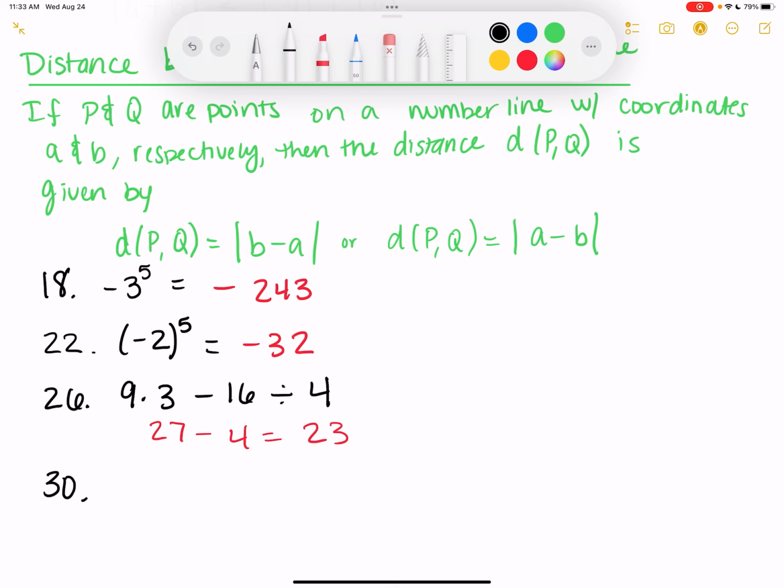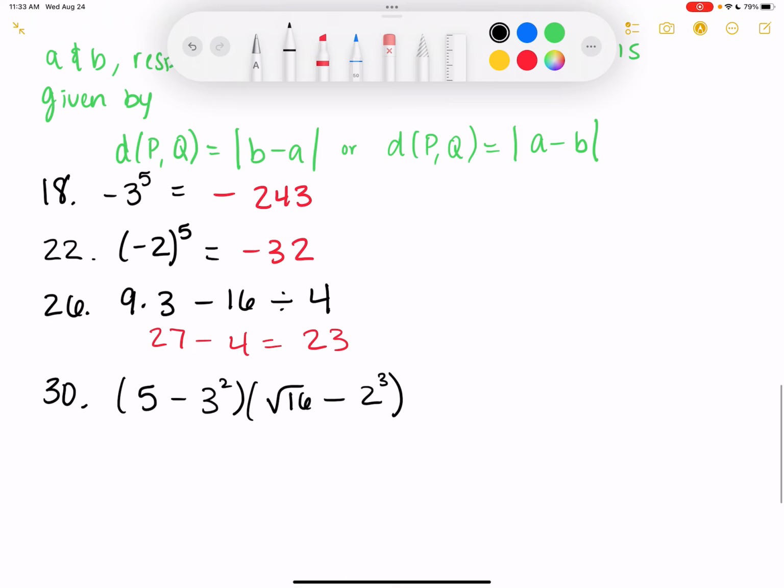Number 30, same instructions. We have in parentheses 5 minus 3 squared, close parentheses. Other parentheses, we have the square root of 16 minus 2 cubed, close parentheses. The square root of 16 is 4.